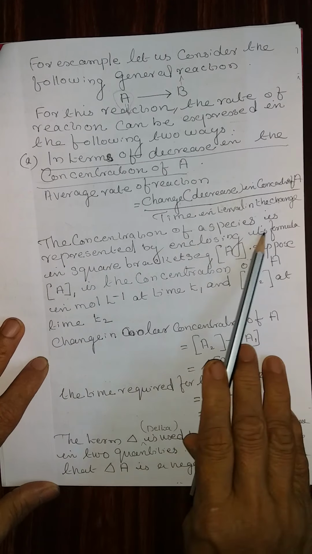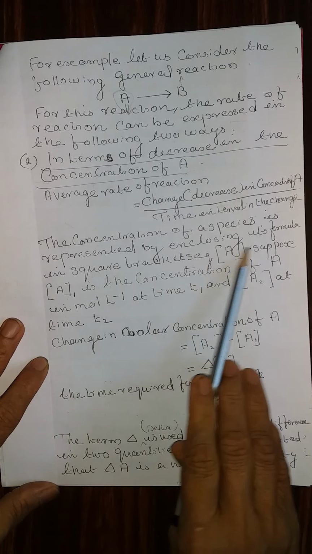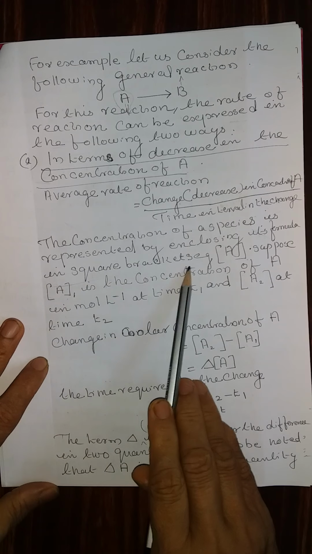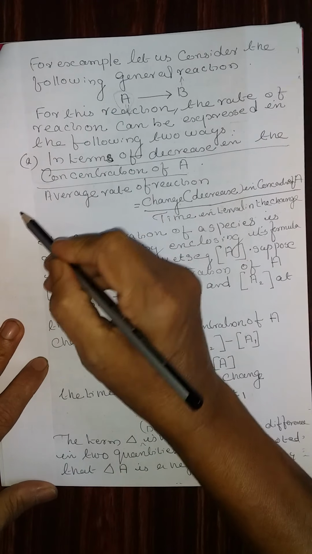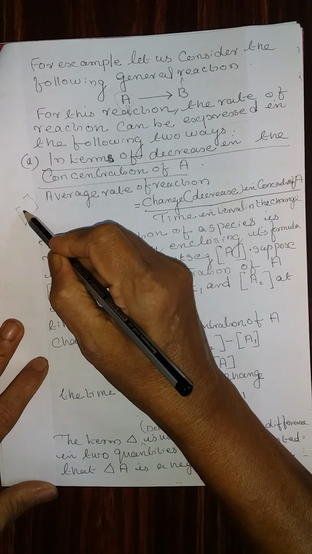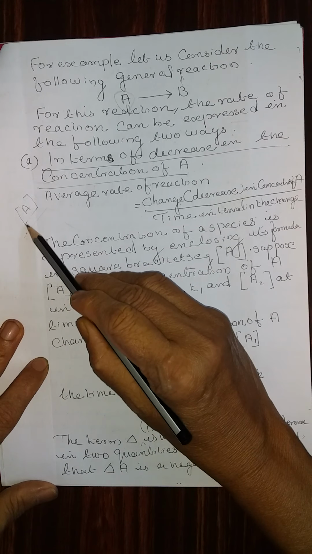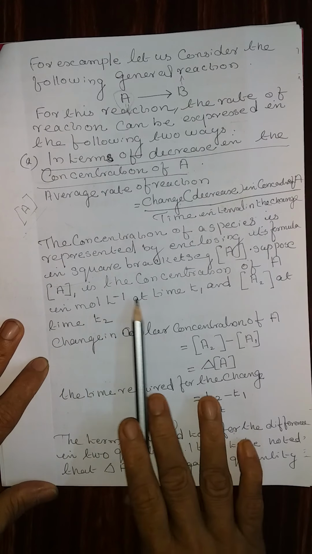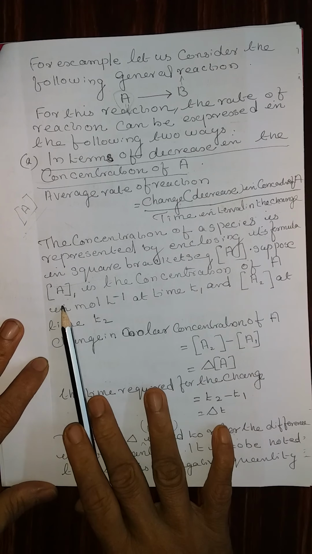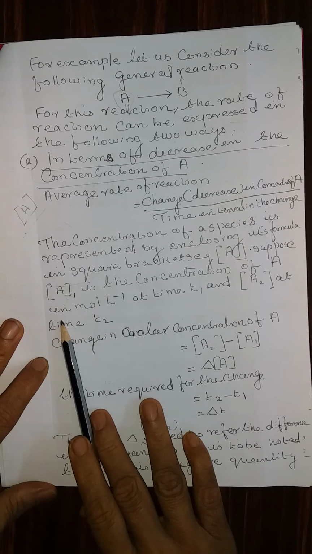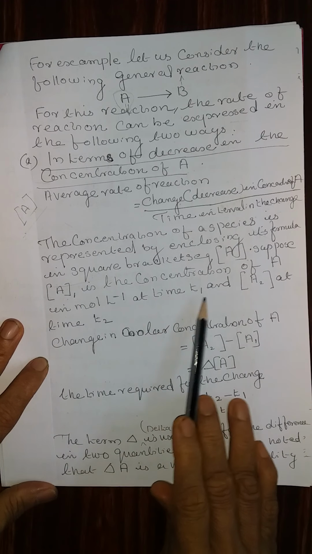The concentration of a species is represented by enclosing its formula in a square bracket. For example, if you write a square bracket and put A, it is pronounced as concentration of A. Suppose A1 is the concentration of A in moles per liter at time T1.